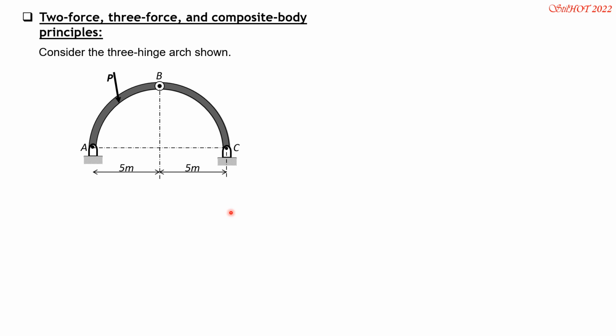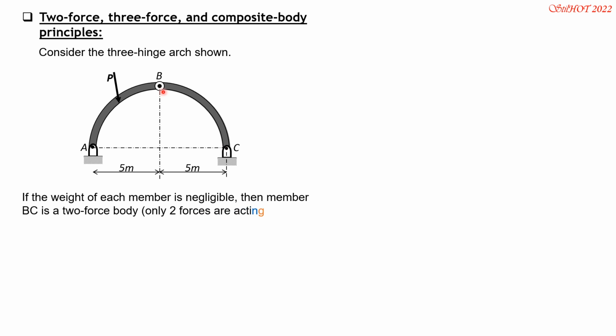So I'll discuss the two-force body principle, and this is based on one axiom of mechanics, which states that two forces are in equilibrium only when equal in magnitude, oppositely directed, and collinear in action. So for the segment BC, if the weight of segment BC is neglected, then the reactions at B and C must be equal and oppositely directed because BC is in equilibrium.